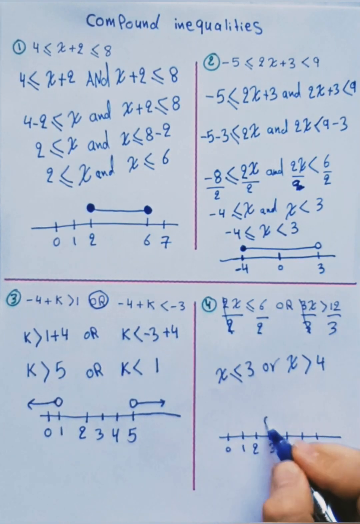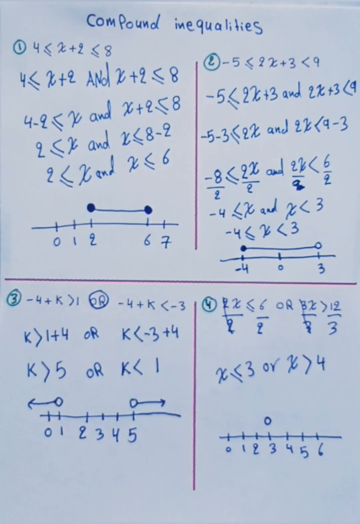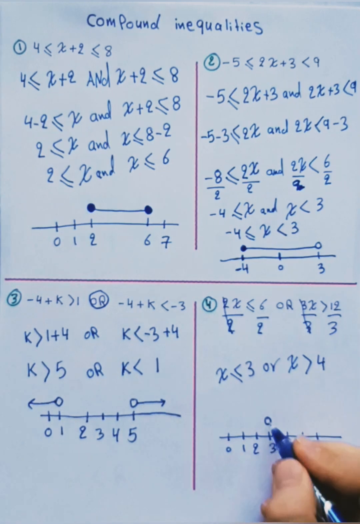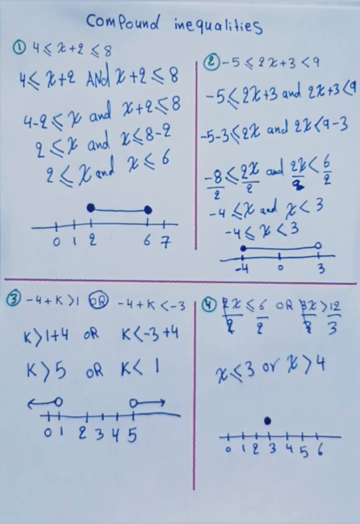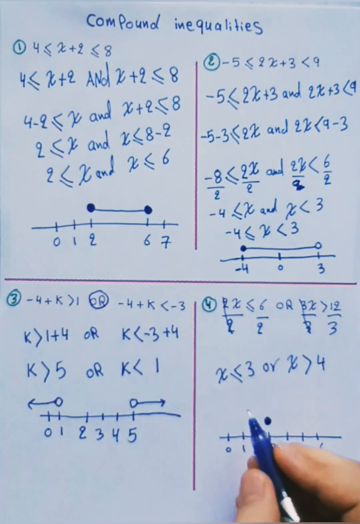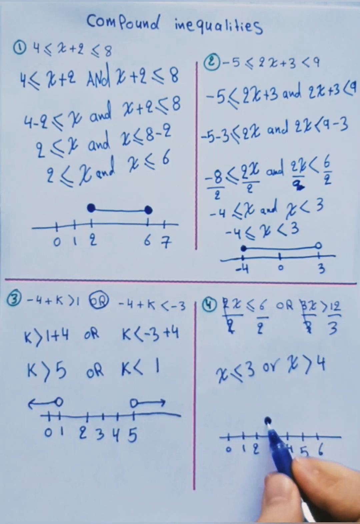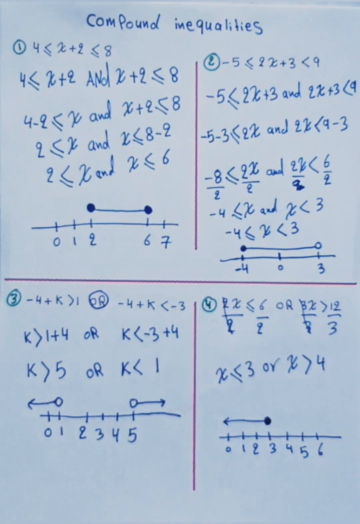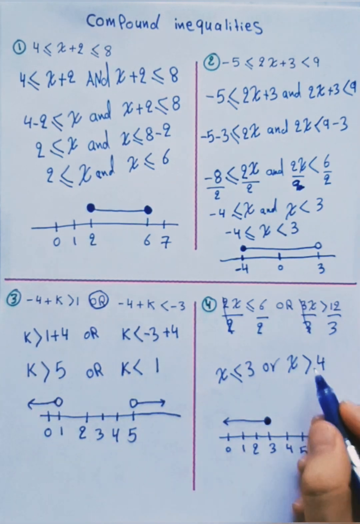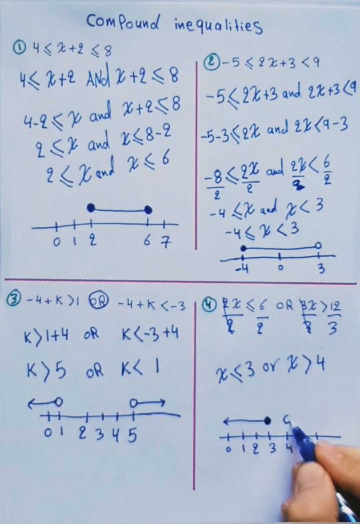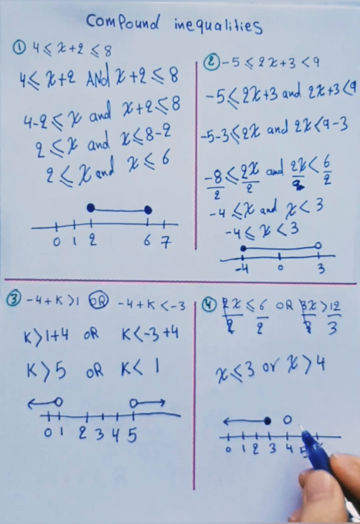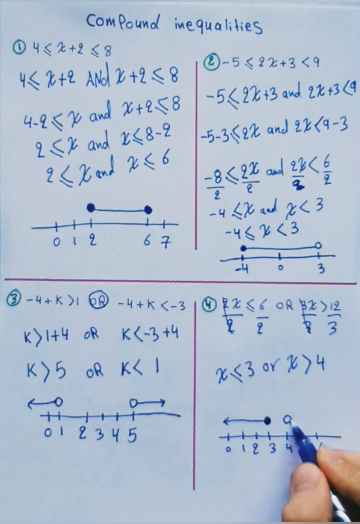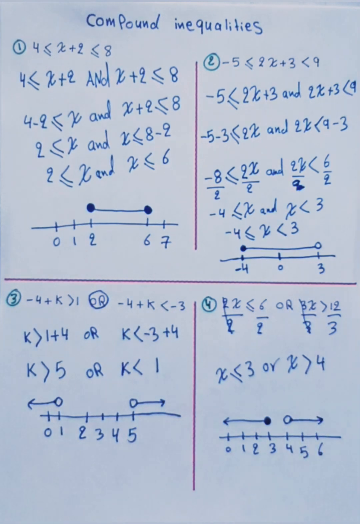So this is 3, and this circle should be closed, and then x is less than, so the value of x should go to the left side. And then x is greater than 4. This circle should be open because we have only greater than, and the value for this x should go to the right side.